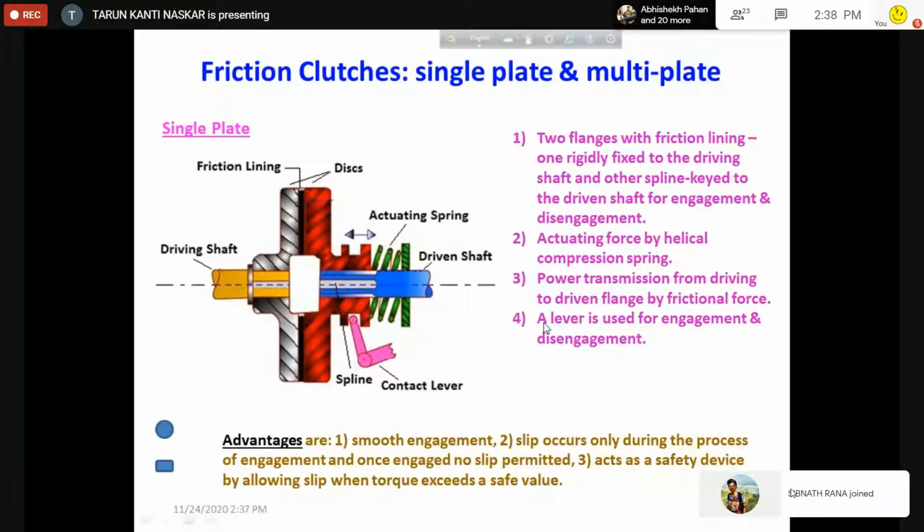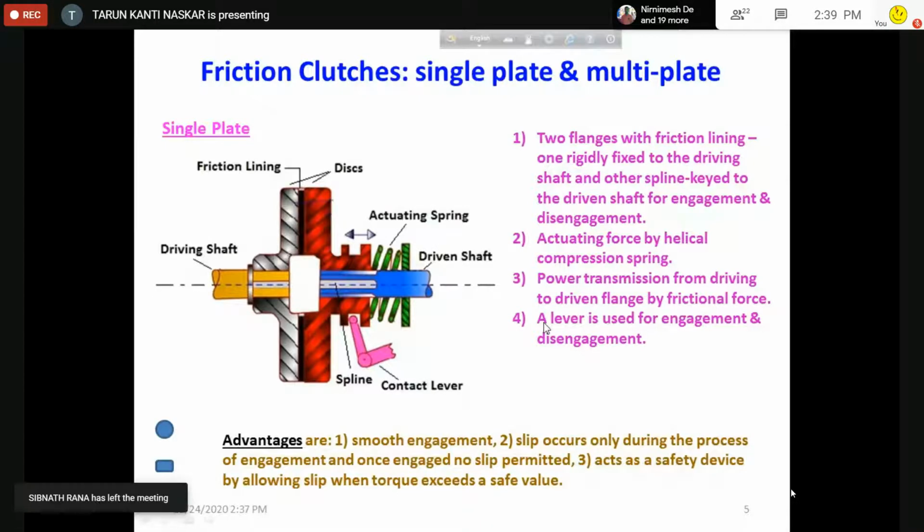I also mentioned the advantages, that is smooth engagement. Slip occurs only during the process of engagement, and once it is engaged there is no slip. And most importantly, the clutch can act as a safety device. This is a very important function of a clutch.